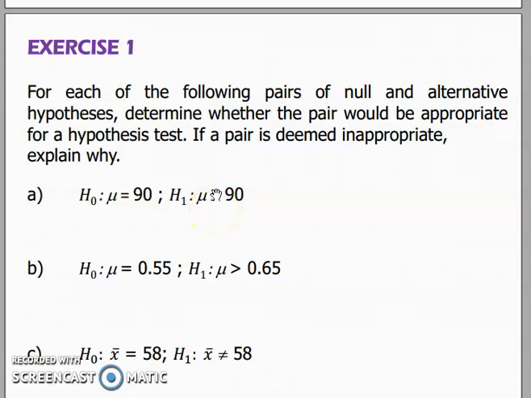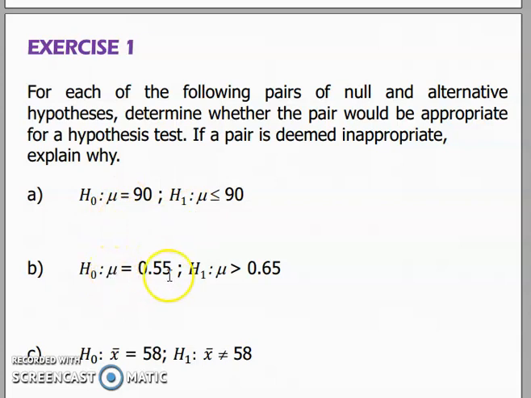It should be just less than, not less and equal. So it should just be less than 90. It is using population parameter mu and also using the same value 90 and 90. The only wrong here is the sign.